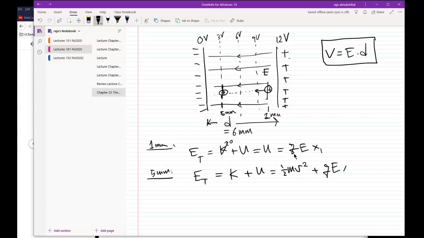QE x2, where x2, and this is x1, is the 5 millimeter mark. You see what I'm saying? Of course, those two energies are equal, so I can just say QE x1 must equal 1/2 mv squared plus QE x2. You see what I'm saying?